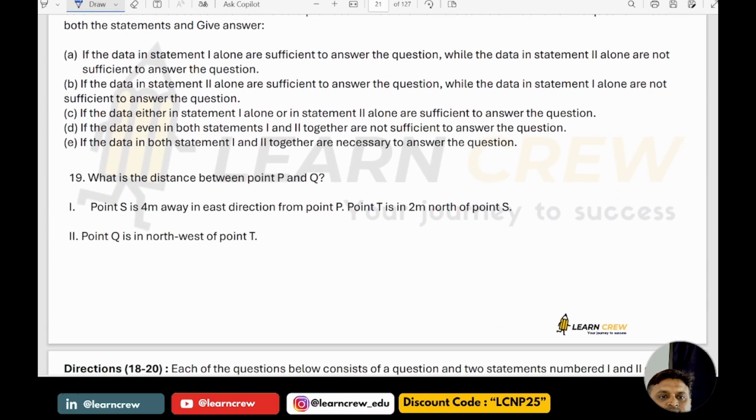Now question number 19. What is the distance between the 2 points P and Q?